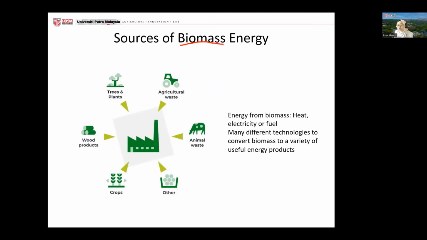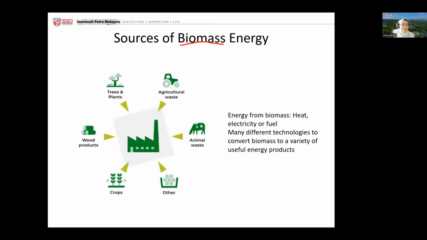We want to have this industrial symbiosis where waste from various types of human activities can be made use of to produce something else, in this case energy. That would be perfect because you would not have to treat the waste.